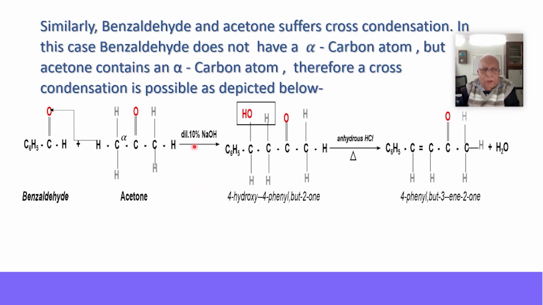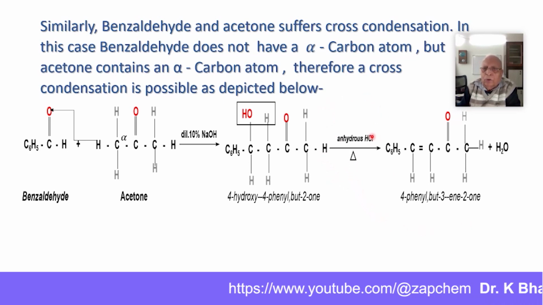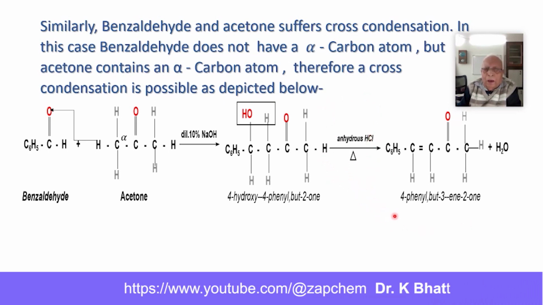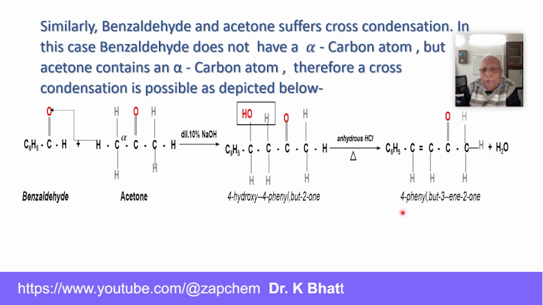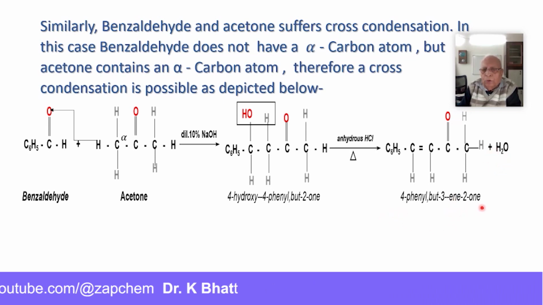Of course, in presence of dilute NaOH, you get 4-hydroxy-4-phenylbutan-2-one. Same way, in acidic conditions, anhydrous, no water should be there, there is a loss of water molecule, and you get 4-phenylbut-3-en-2-one.